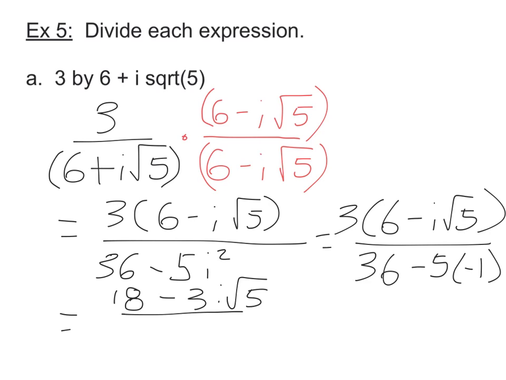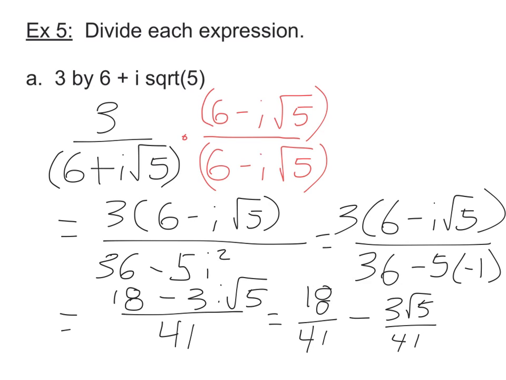I'm going to combine steps here. 36 plus 5 will get us 41. I think you're all fine with that. And lastly, let's go ahead and get it into form. 18 over 41 is going to be our a, minus 3 square roots of 5 over 41 is going to be our b times i. That's our form, a plus or minus bi.